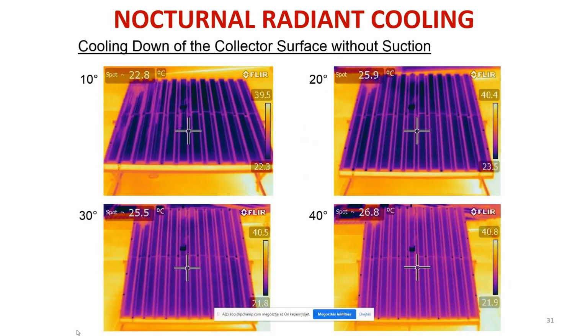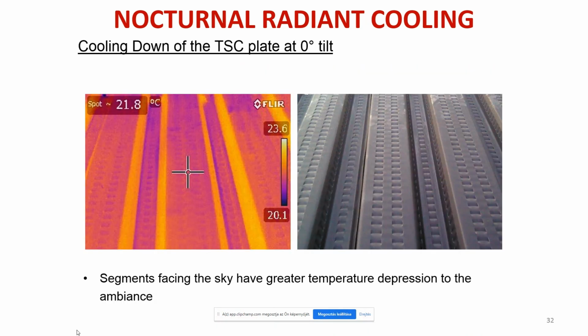And here are some nocturnal thermal images showing that the collectors of different tilt cool down to different extents, and the flatter the collector is, the more it cools down.